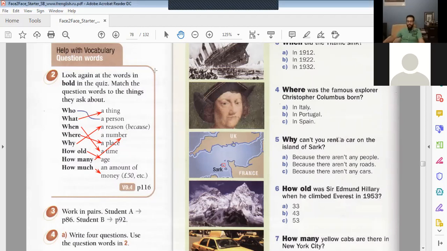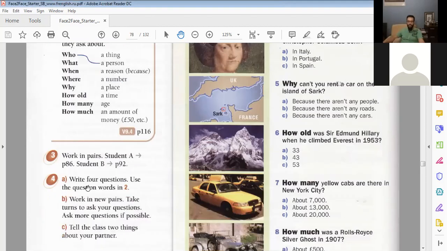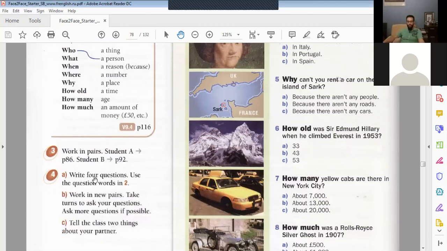All right, so this is the idea here. Okay, we have an exercise. Let's check the exercise here in page 86. It says here, write 4 questions. Use the questions in number 2.